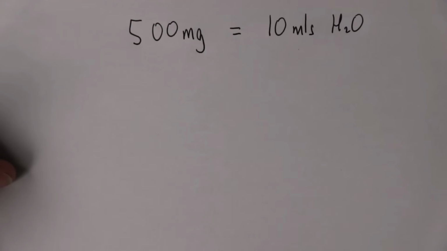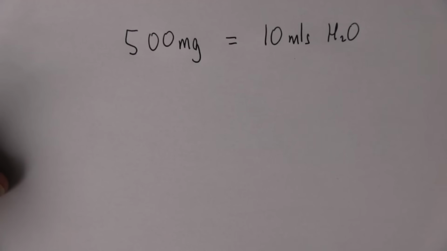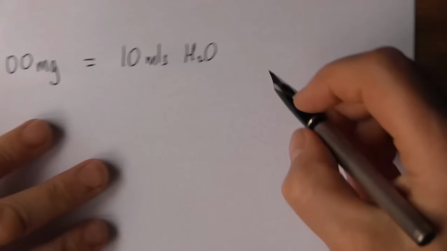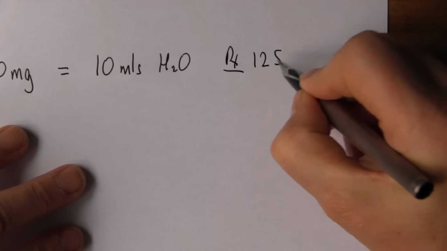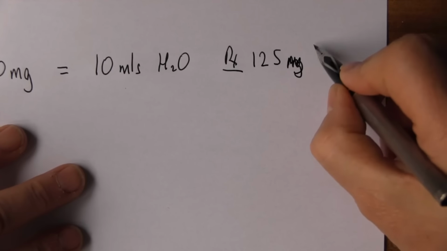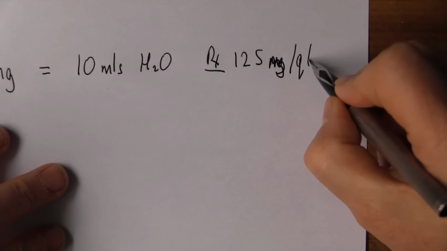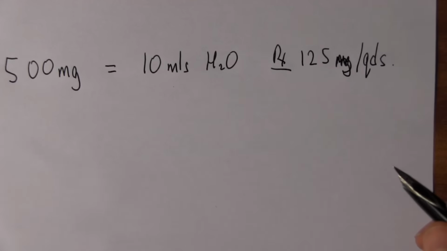Now, what volume of fluid would be given if the patient was prescribed 125 milligrams 4 times a day? So the prescribed dose is 125 milligrams, and that's 4 times a day, what's sometimes called QDS, from Latin for 4 times a day.